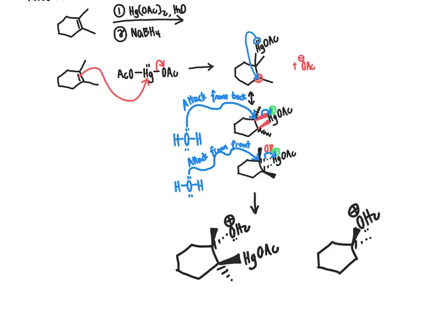And then coming down below, our mercury atom is going to be shown on a dash. So we do dash to mercury, OAc. And you'll notice here that in both of these cases, the mercury and the water are trans to one another. Water is a wedge here, mercury is a dash, or vice versa.